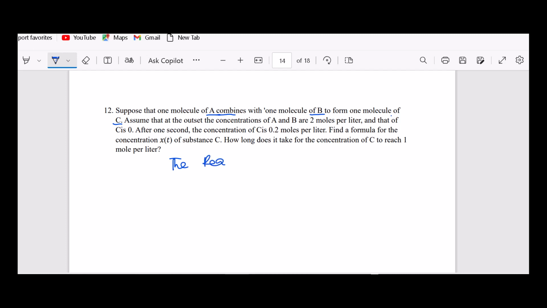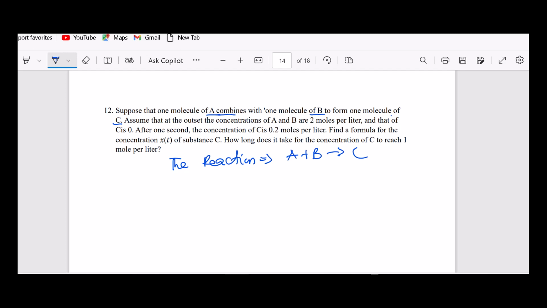The reaction implies A plus B goes to C. One molecule of this, one molecule of that. Assume that at the outset the concentrations of A and B are 2 moles per liter and that of C is 0.